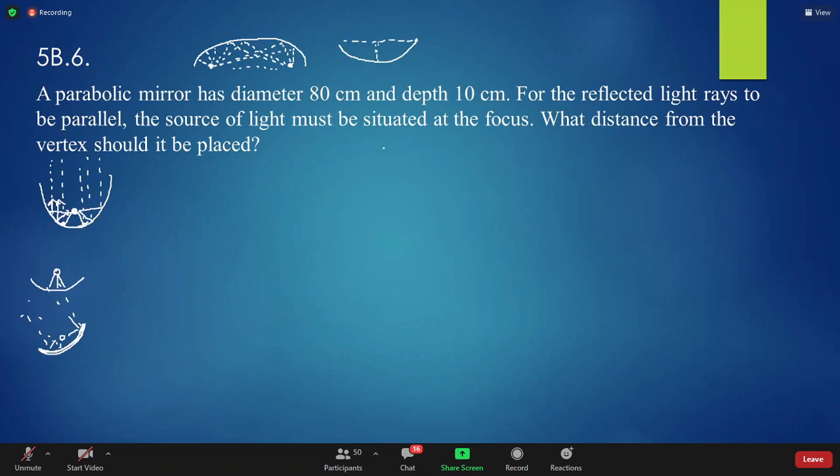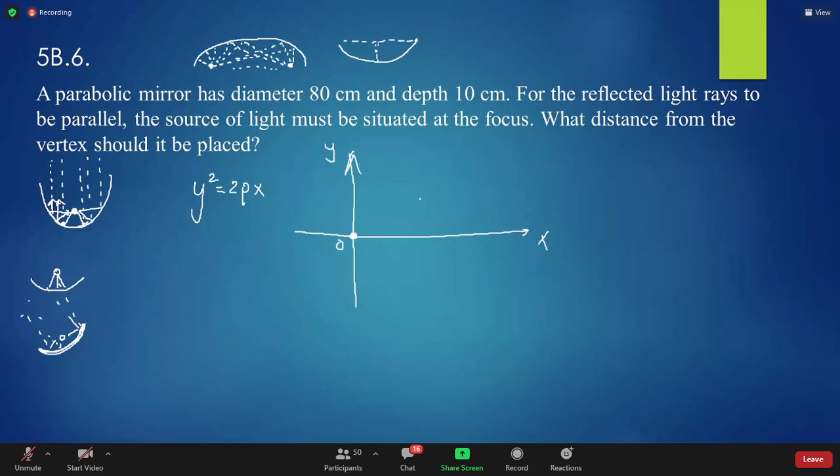So what we will do is make the canonical equation of this parabola, that is y squared equals 2px. So we will place this parabolic mirror in the canonical situation, that is, let's place it so that the vertex of this parabolic mirror is at the origin of the coordinates. We have this parabola.